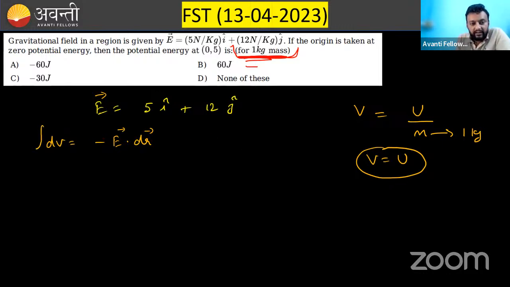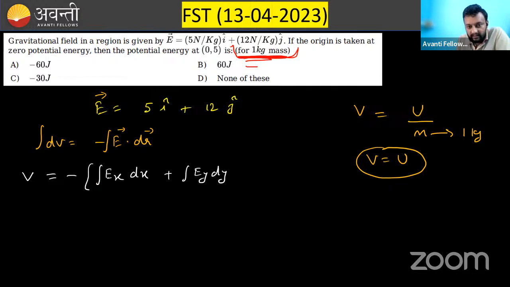Or if you integrate it, it will become minus integral of E dot dr. Now this will become the potential difference, and minus is already there. How you should write? Ex dx plus Ey dy. I think this thing you should remember now. We have studied it in the gravitation chapter.